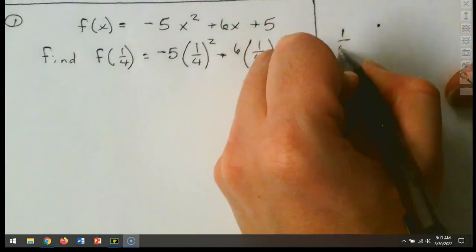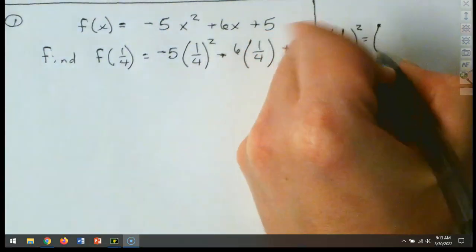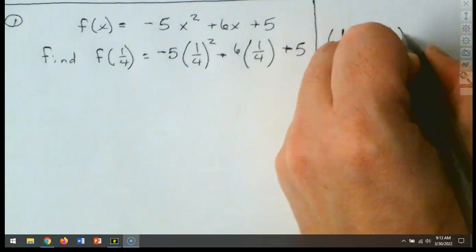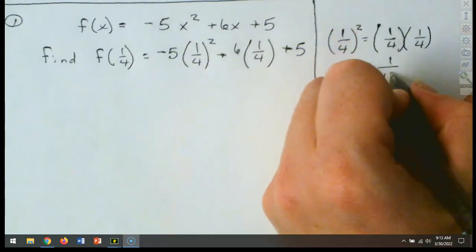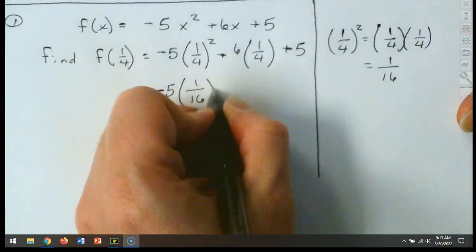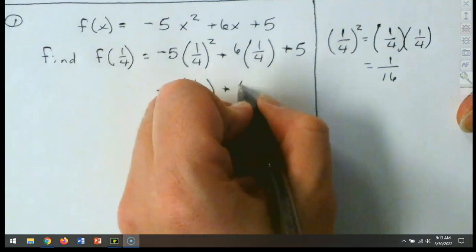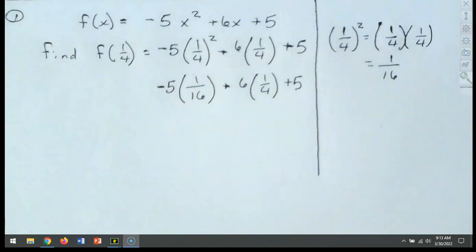Well, if I want to square 1/4, the easiest way to deal with that is to simply write it out and then multiply, which gives you 1/16. You can combine several steps together if you want. I'm going to do them individually so we don't get confused and lose track of things.